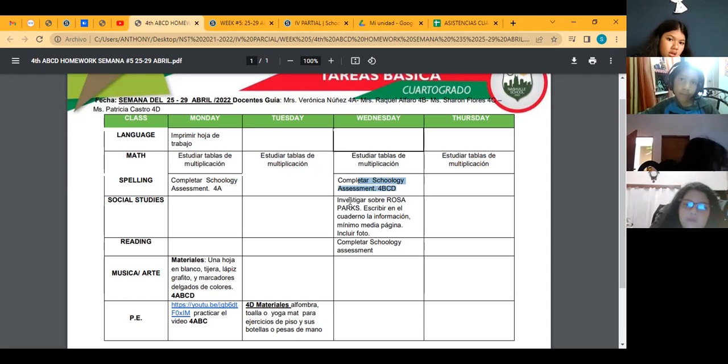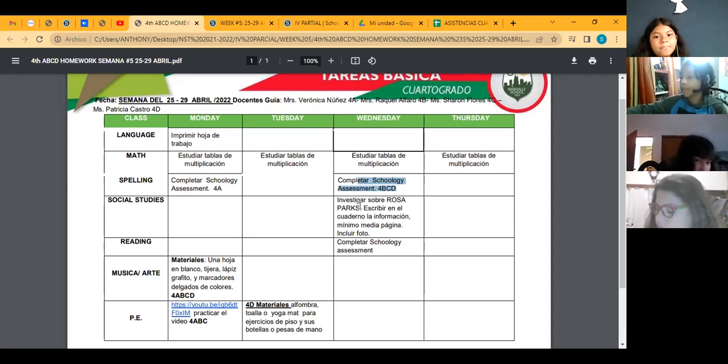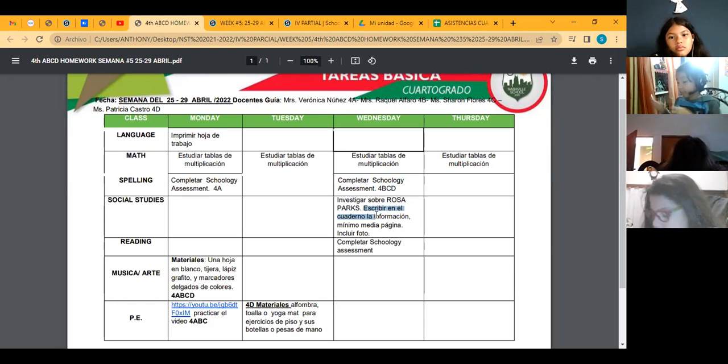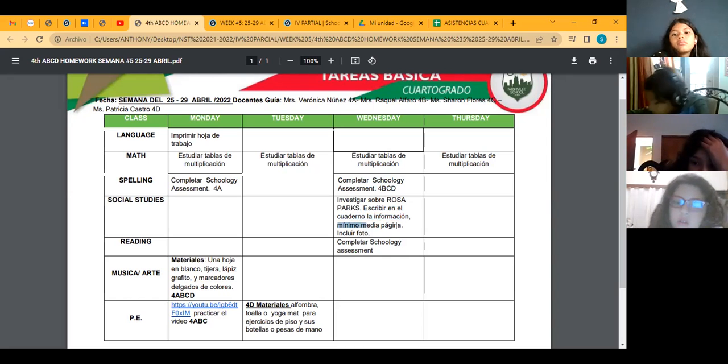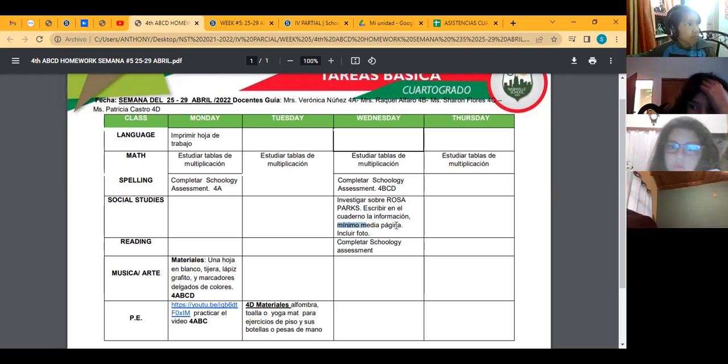Social studies, we want to work today, it's okay. You have to make a research about Rosa Parks. You are going to look, who is Rosa Parks? Why are we looking for Rosa Parks? So you need to find it out. You are going to write in your notebook the information, at least minimum half a page. So it means that you can write 1 page, 2 pages, 3 pages, but at least half.